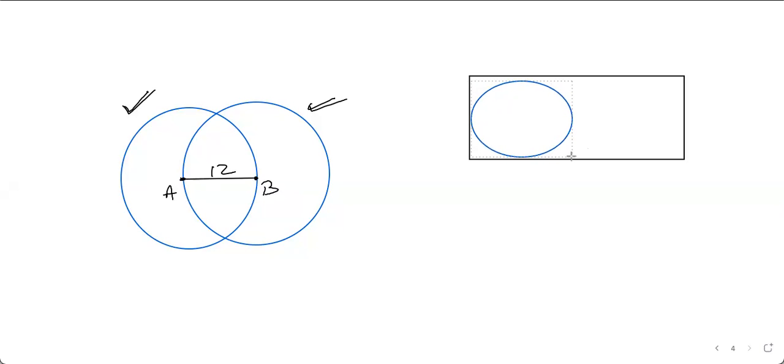This is not a perfect circle. This is already an ellipse. So maybe we will have this. It will touch 3 sides. But can we have any circle touching all the 4 sides of a rectangle? No, it is not possible.